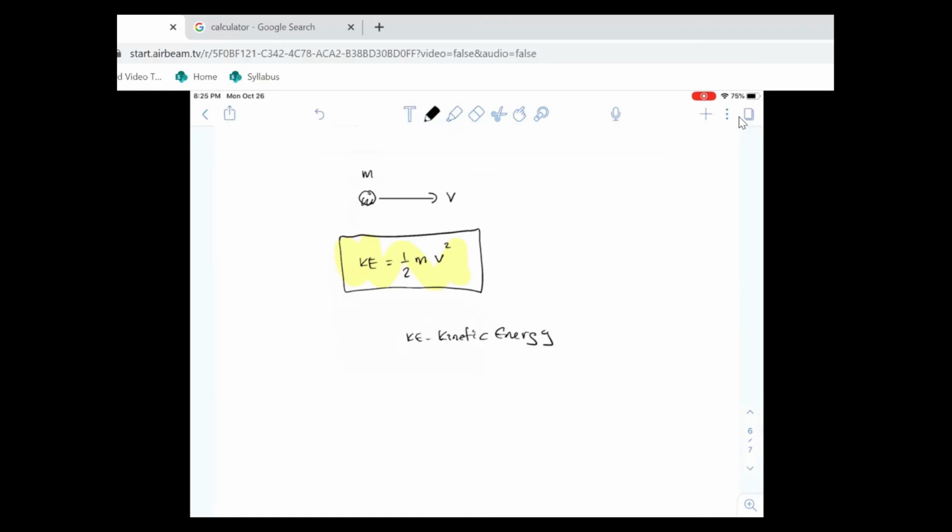K is your kinetic energy. M is your mass. V is your speed. Speed is meters per second. Mass is kilograms. Energy is in terms of joules.